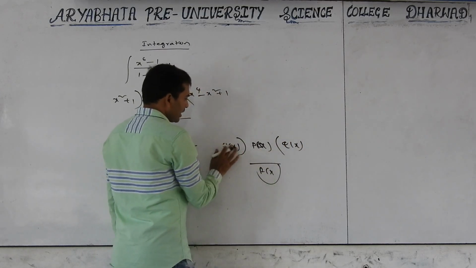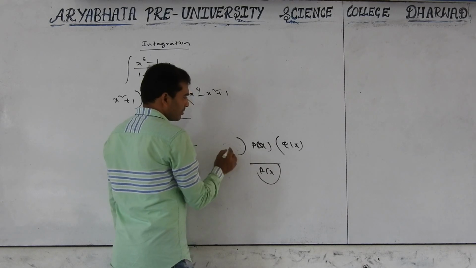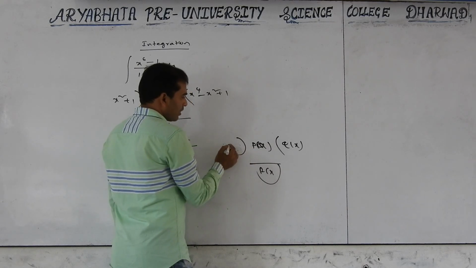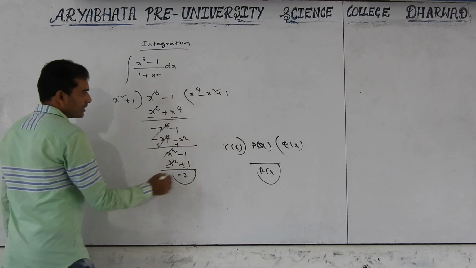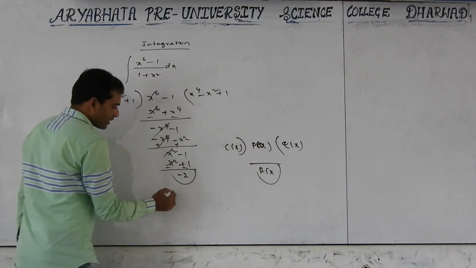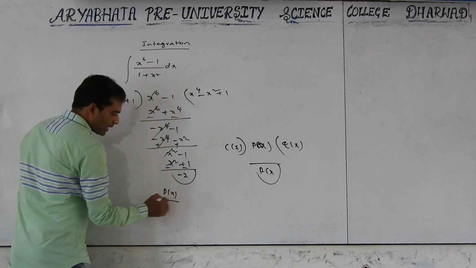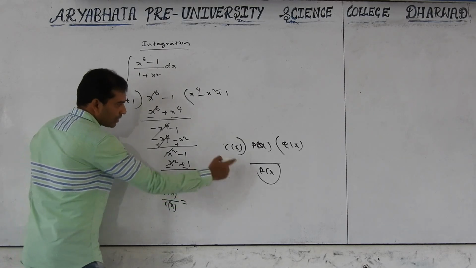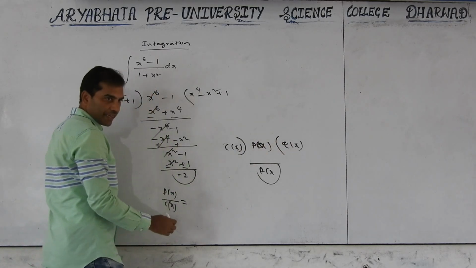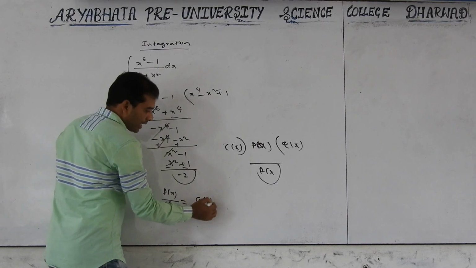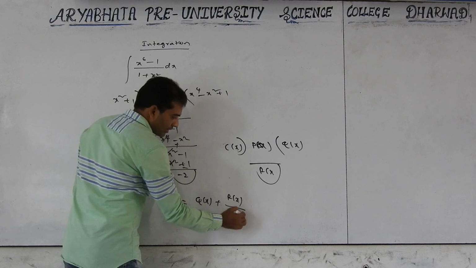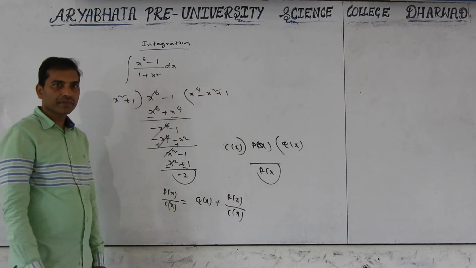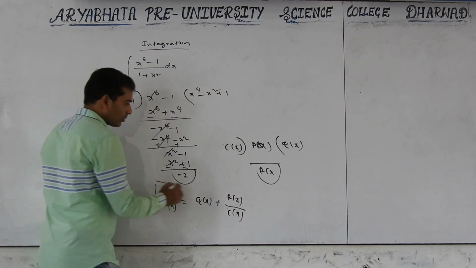Now I am considering another one, c of x. Now p by c: p of x by c of x equals first the quotient q of x plus remainder by c of x, the divisor. This formula I think you know.